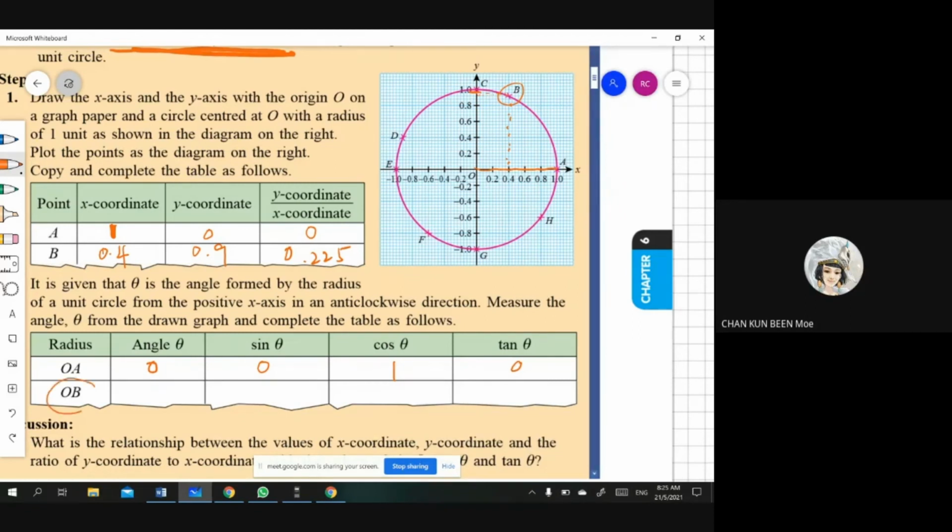Okay, but over here we cannot prove anything yet. So we have to continue with OB. So let us look at OB. OB means this part here. Okay, so when they ask you for the angle, do you have your book with you? Can you measure the angle of OB? I assume it is something like 65 or 60. Okay, never mind, I use 65.